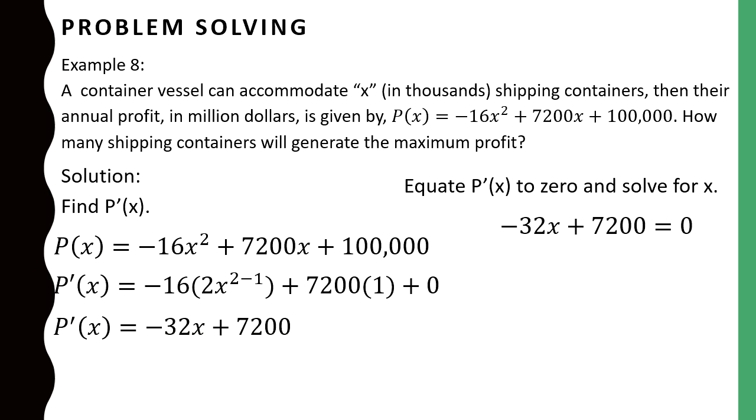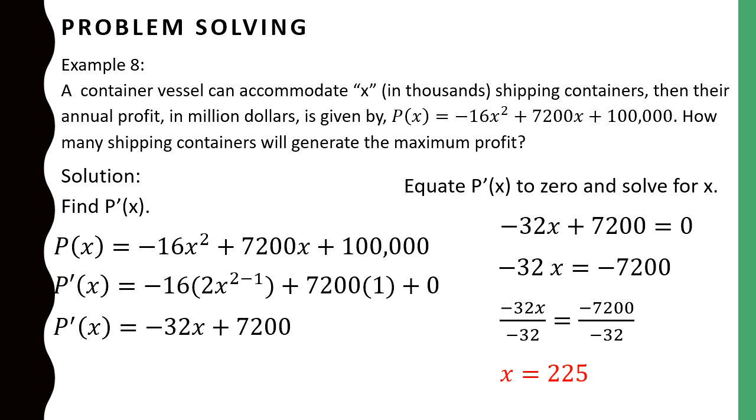We transfer 7,200 to the right side of our equation. We get negative 32x equals negative 7,200. Again, to cancel out negative 32, we divide both sides of our equation by negative 32. And negative 7,200 divided by negative 32 gives us 225.